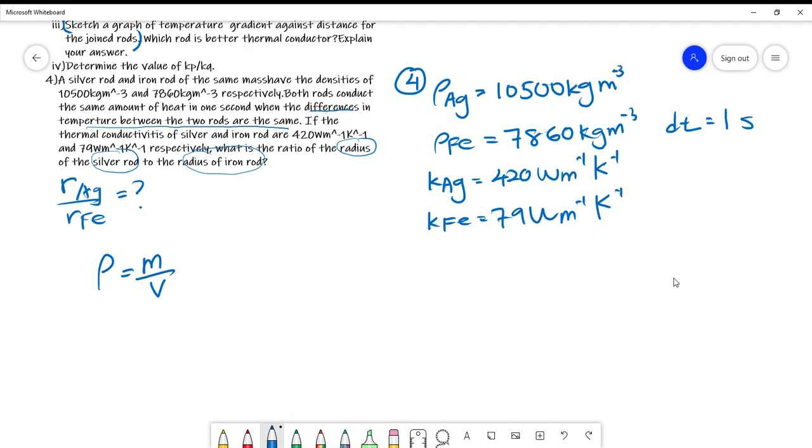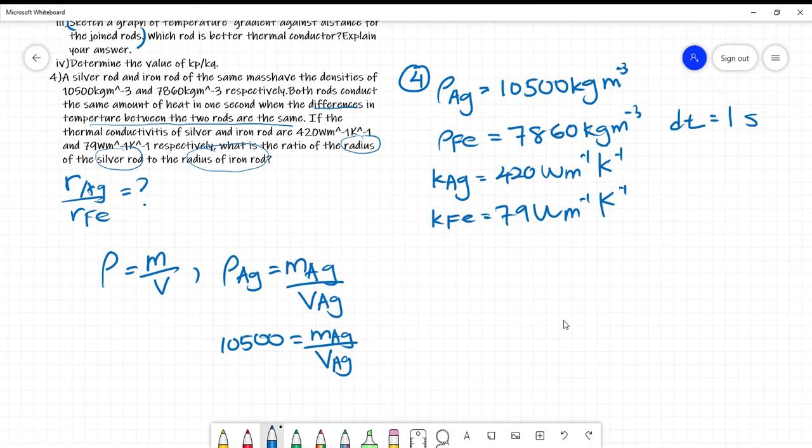So the density of the silver is equal to the mass of the silver divided by the volume of the silver, which is 10500.